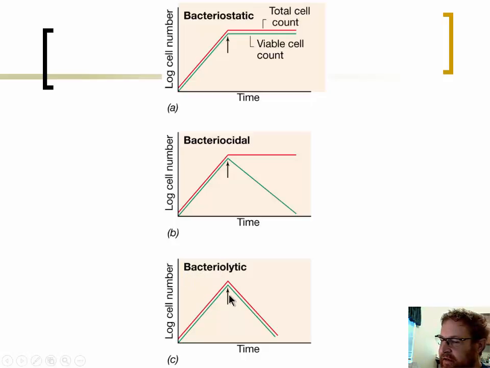And in bacteriolytic, now we get a decrease in both the number of viable cells and the number of cells that you can see under the microscope, because lytic, again, is going to imply that the bacteria are lysing, okay, they're popping open. So as they pop open more, you're going to see less and less cells.